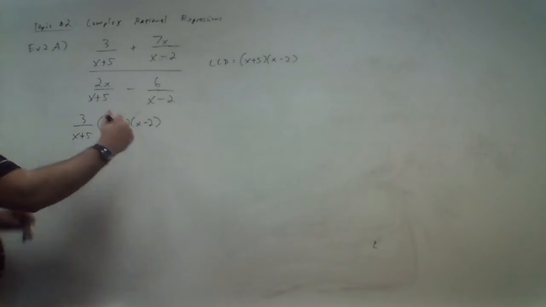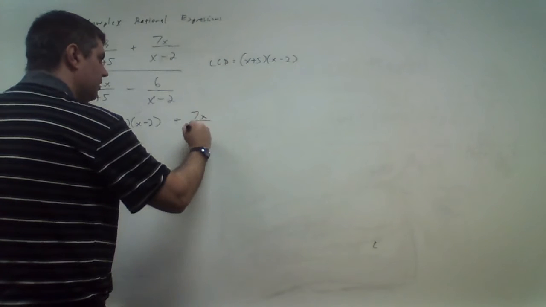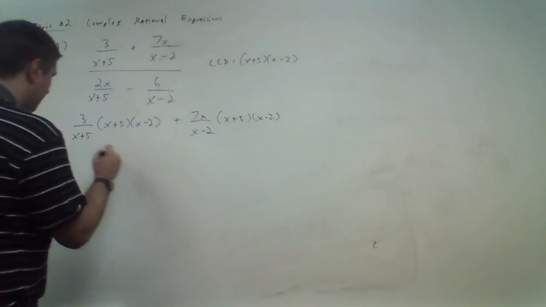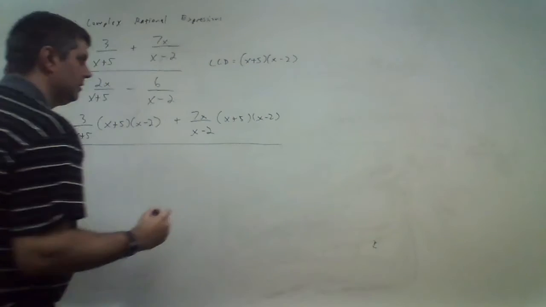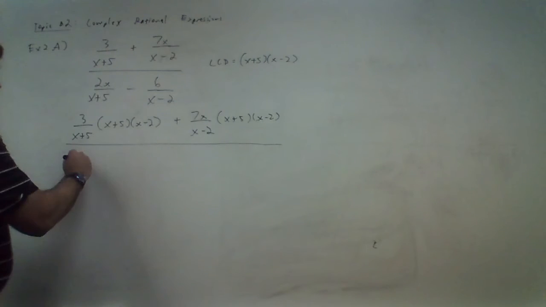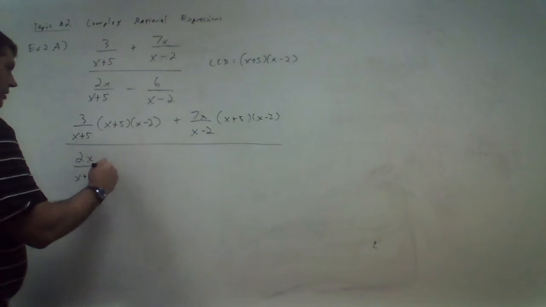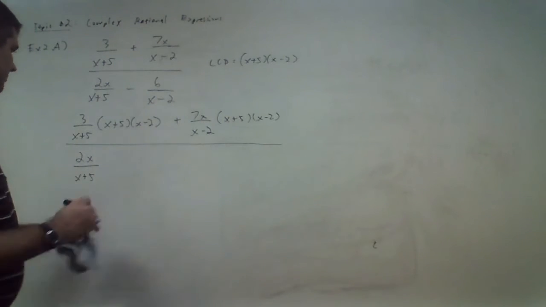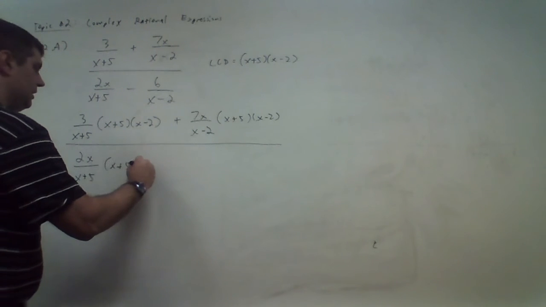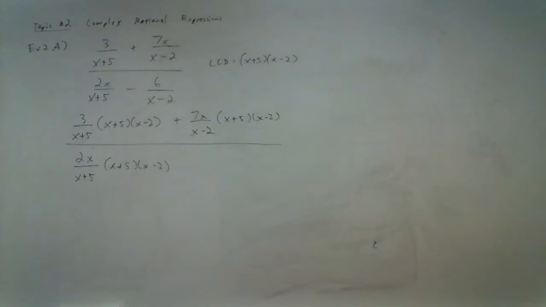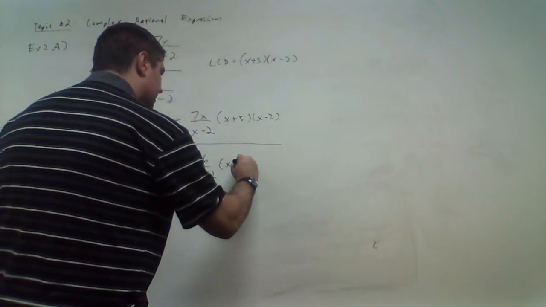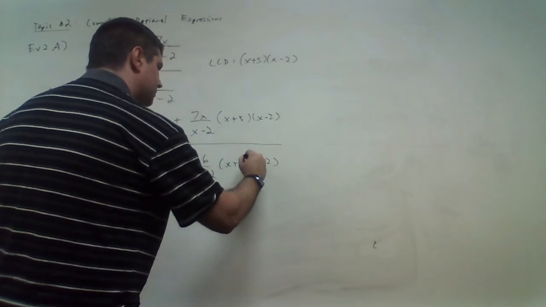So this one, plus 7x over x minus 2 times x plus 5, x minus 2. I'll do the same thing to the bottom. Okay? 2x over x plus 5, got to multiply it, x plus 5, x minus 2, minus 6 over x minus 2 times x plus 5, x minus 2.